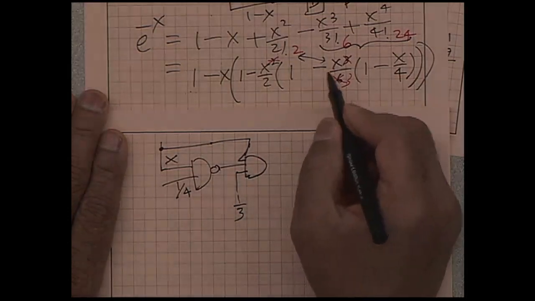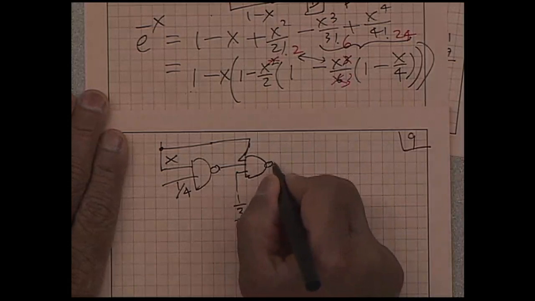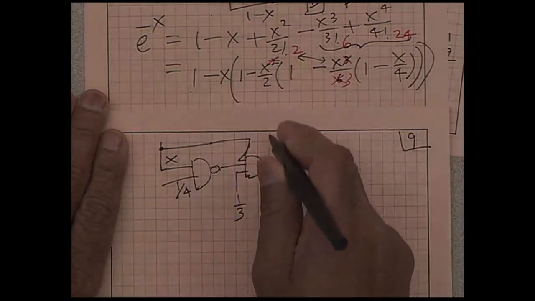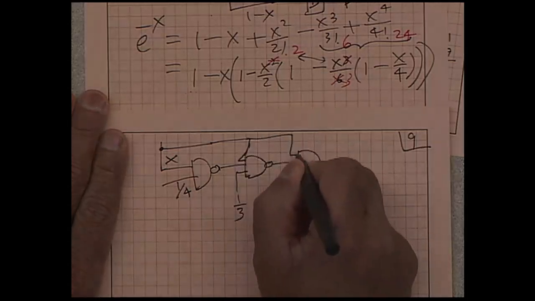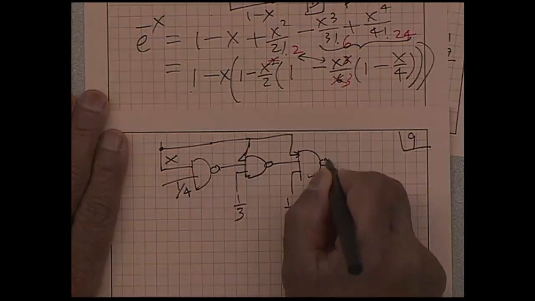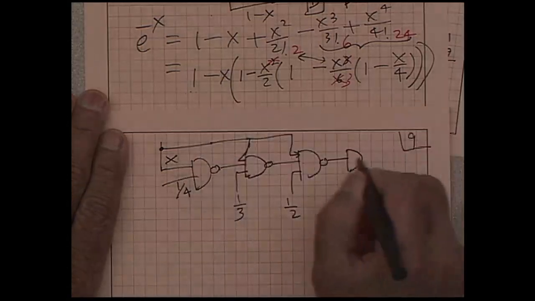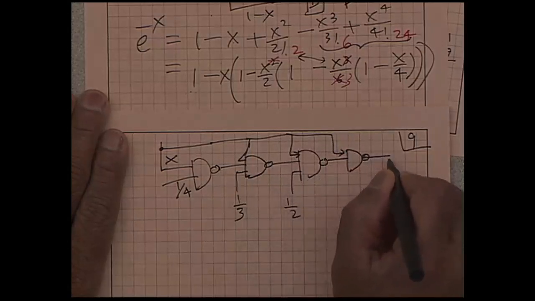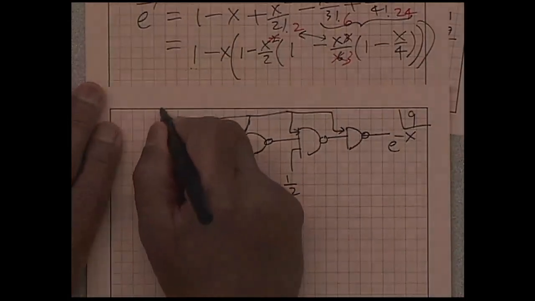So 1 minus x by 3 times that whole thing, and 1 minus is by inverter, and then 1 minus x by 2 times that, so x by 2, and that x goes here and NOT, that's 1 minus, and then 1 minus x times that, so multiply by x and AND gate, 1 minus that. So that's an approximate value of e to power minus x.